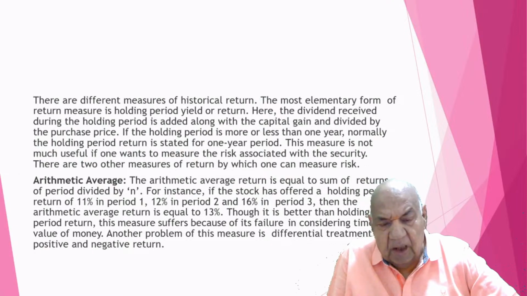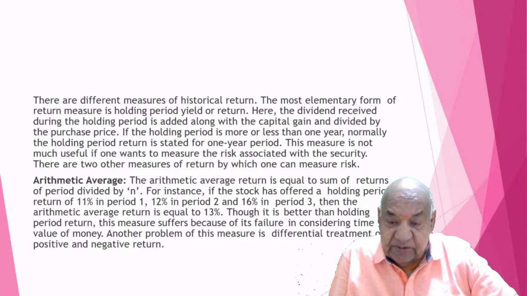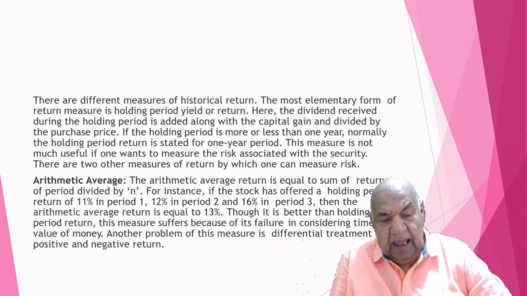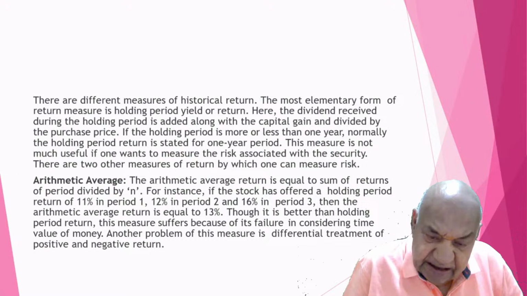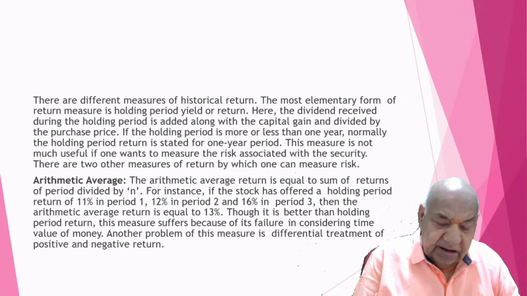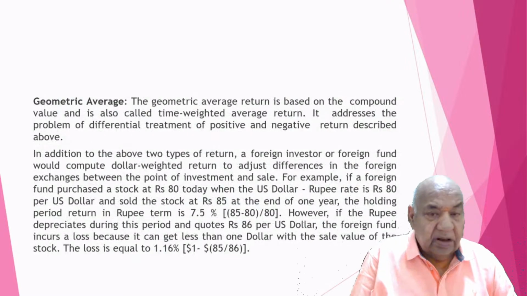Though it is better than holding period return, this measure suffers because of its failure in considering time value of money. Another problem of this measure is differential treatment of positive and negative return.